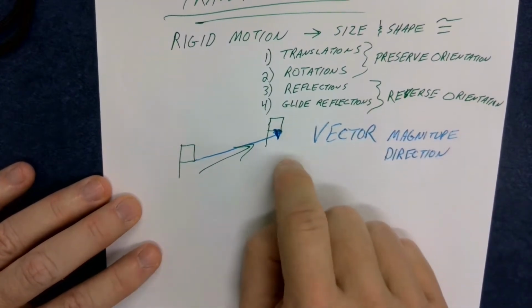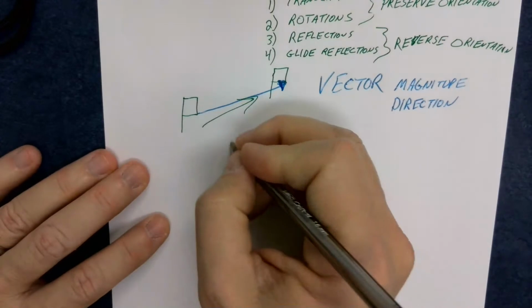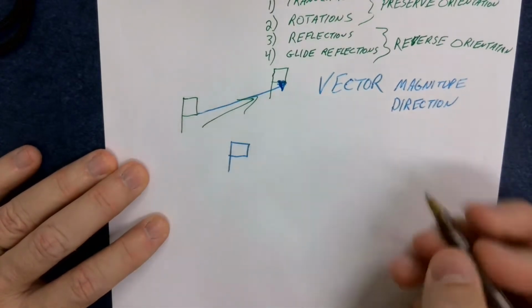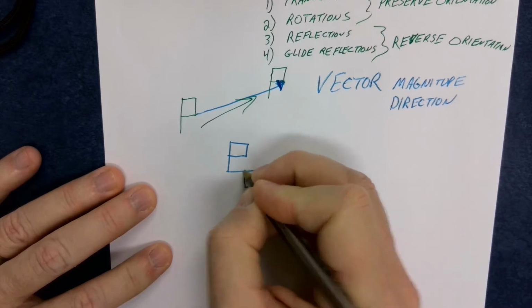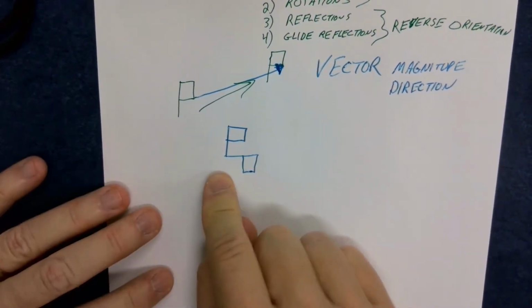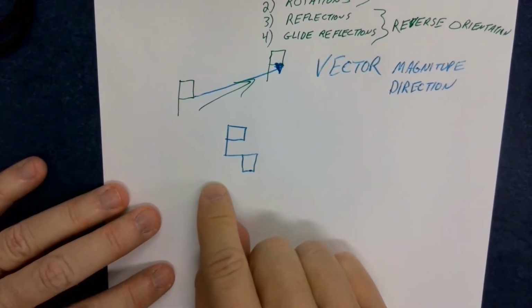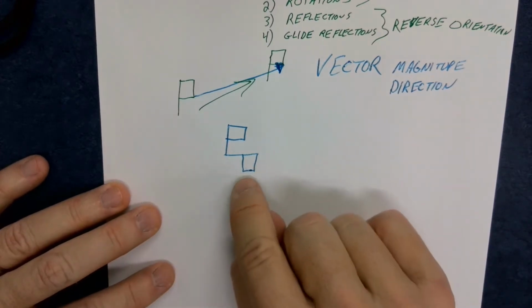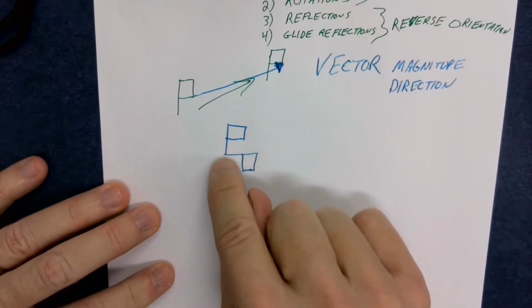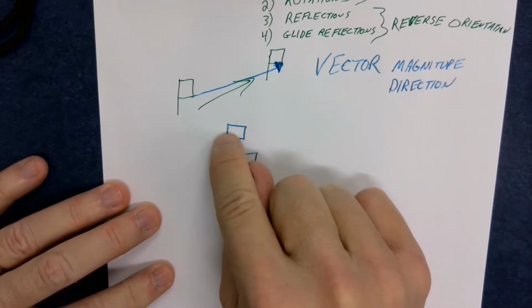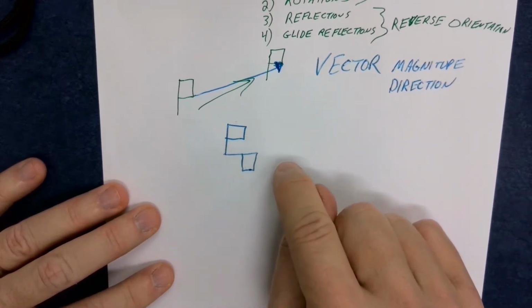So those are translations. And then we had this one. We had a flag here, and then we had a flag here. And you can see a lot of people sometimes want to put a reflection, like there's a line there, but nope, you can see the flag. If I go up the flagpole and around the flag, that is a clockwise movement.